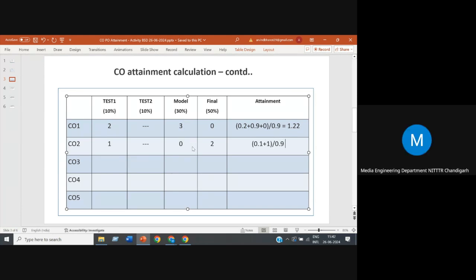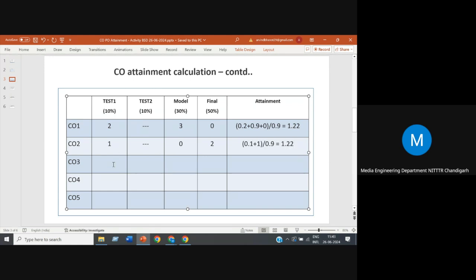Because this value is 0 from the calculation, but it is mapped to CO2, so this 30% has to be included. So it will be 50% plus 30% plus 10%. Only the one which is not mapped is excluded. Right. So it will be 1.22 again.